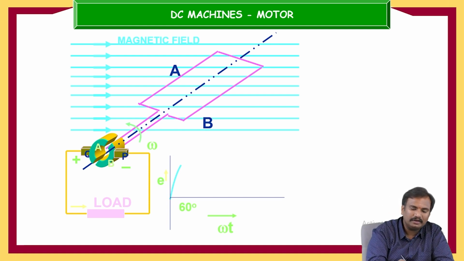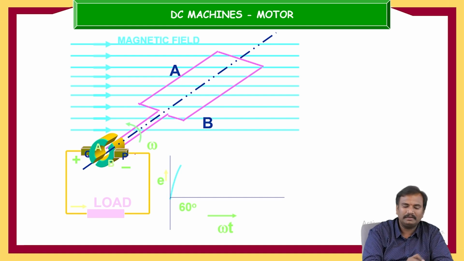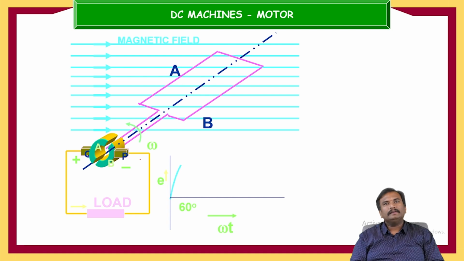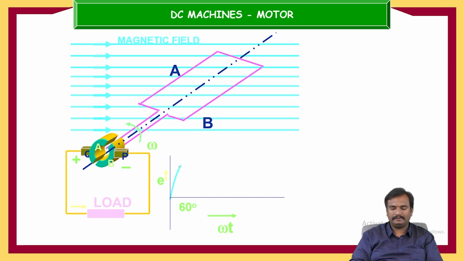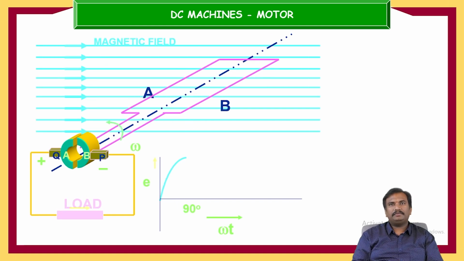Here also A is rotated and B is rotated, A is connected to Q, B is connected to P. So like this, when the position of the coil changes, the voltage will increase. And exactly at the 90 degrees position, the maximum flux is cut by the conductors, so we are going to get the maximum voltage.